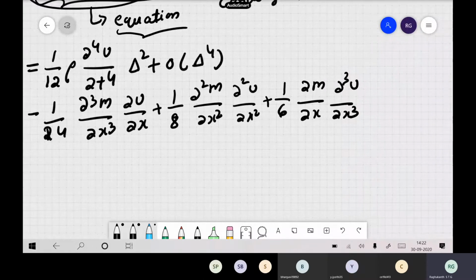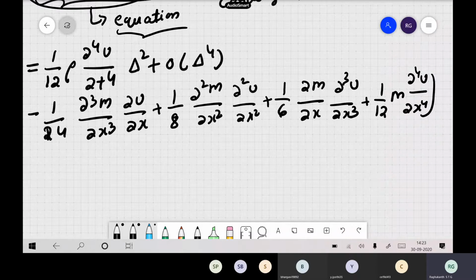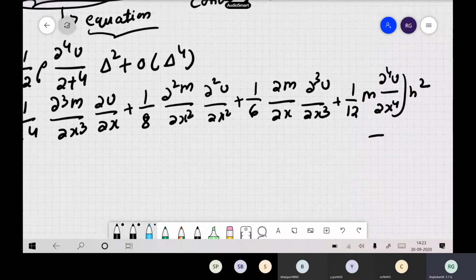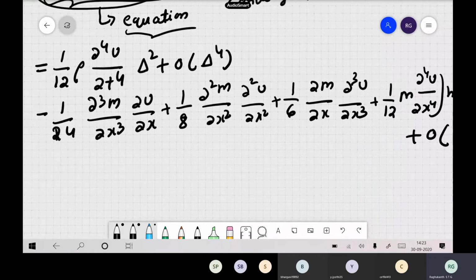Why we are getting two things is because m is also varying. We are talking about a heterogeneous medium. That is why all these derivatives come into the picture here: ∂⁴u/∂x⁴ multiplied by h², plus other terms, which are all of the order of h⁴ itself.